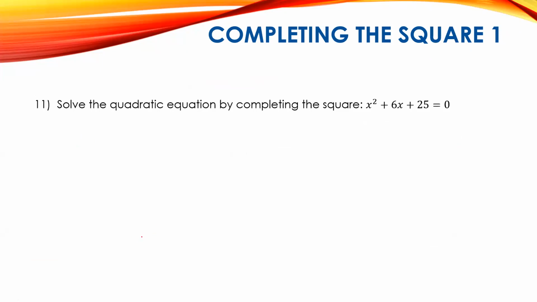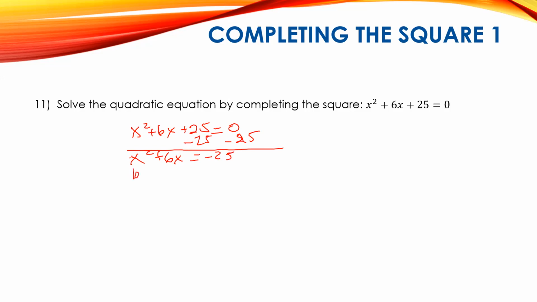This is the completing the square problem here. We have x squared plus 6x plus 25 equals 0. And we subtract 25 from both sides, and we have x squared plus 6x equals negative 25.